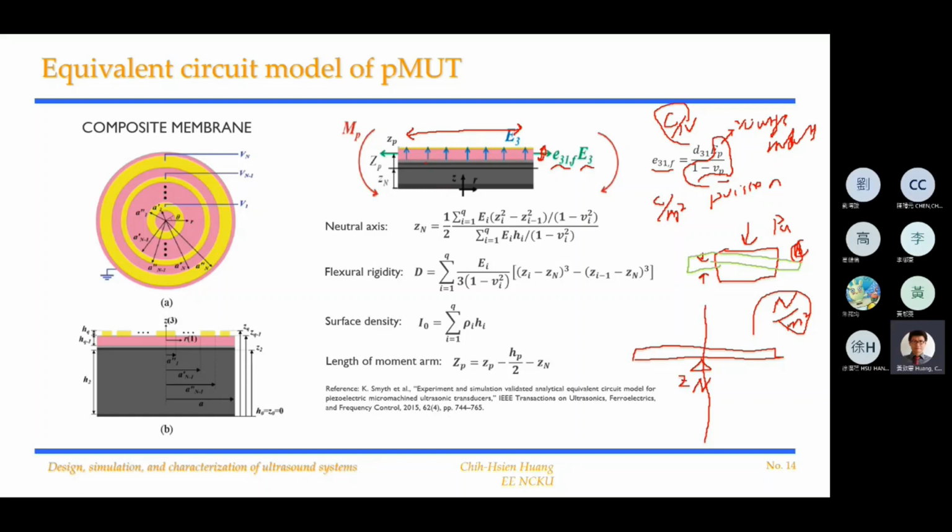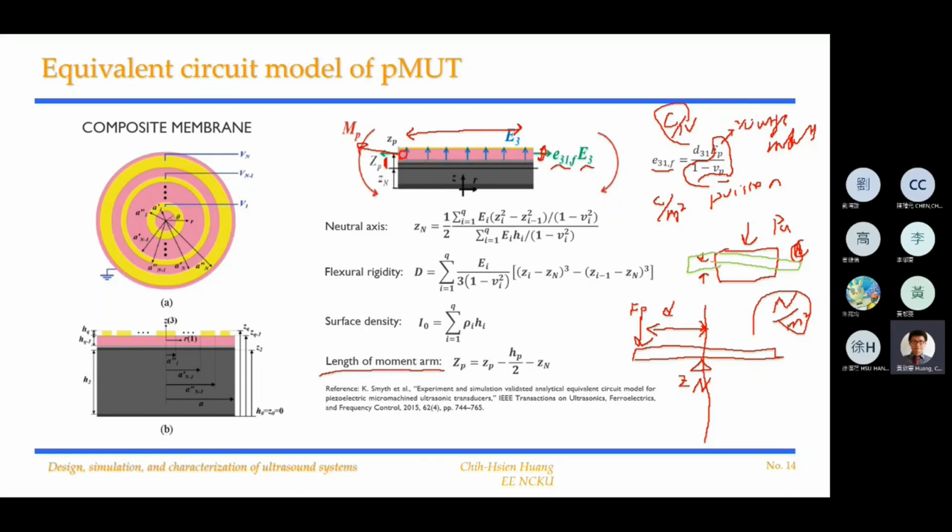So your piezoelectric layer here is trying to expand, and that will create a force here. So we can assume this is a force from the piezoelectric layer. Then if we simulate a mechanical structure, we have a movement arm here, right? So the distance here will be the length of the movement arm.